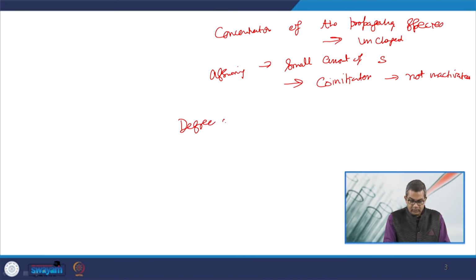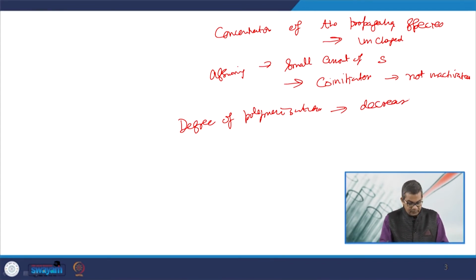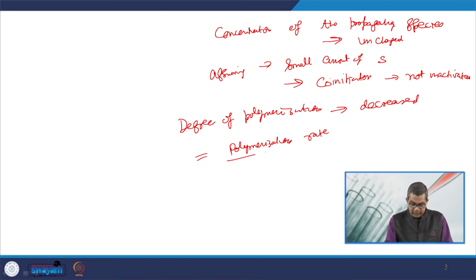by these other chain breaking reactions, and usually it is given by the polymerization rate divided by the sum of all chain breaking reactions.